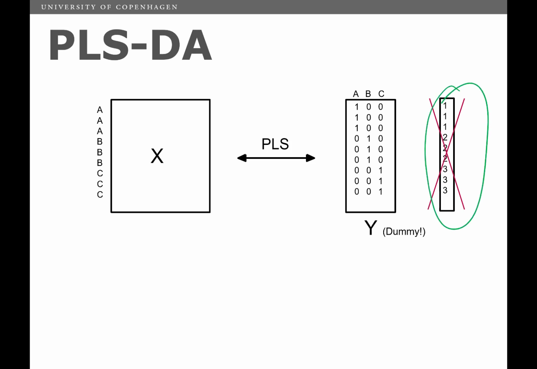Now, you cannot use a vector containing numbers like that for building classification models normally. What you have to do is encode it as a dummy variable. So you make one class for all your class 1, for all your class 2, and for all your class 3, each of them being binary 0s and 1s.